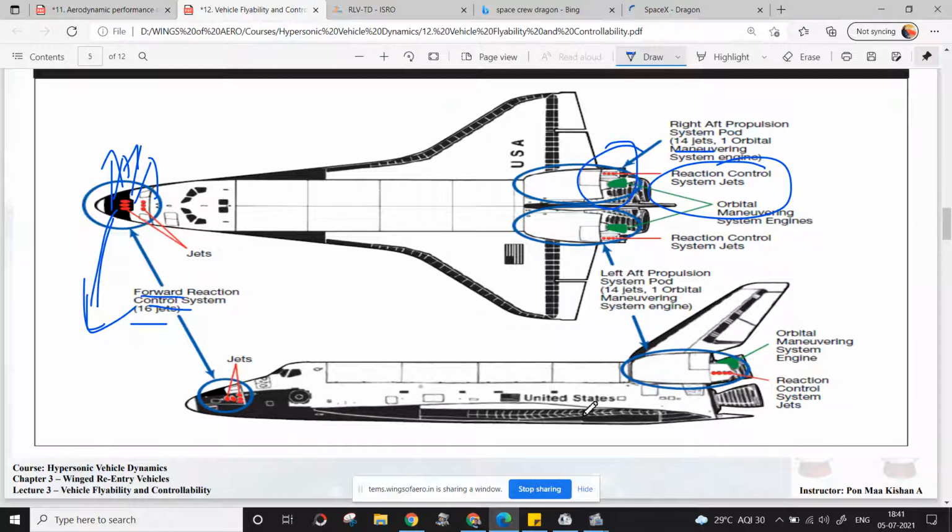This way they perform orbital transfer or any orbital maneuvering, even docking with the International Space Station, using these RCS control systems. There is various research going on with this RCS system also, so you can learn about that.